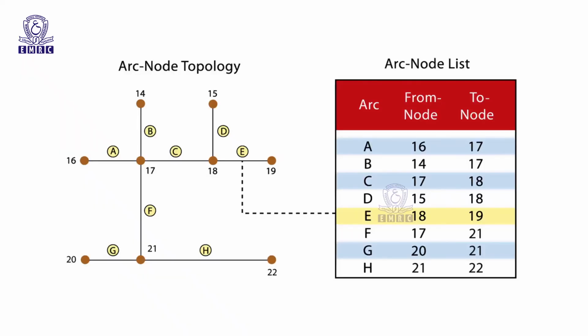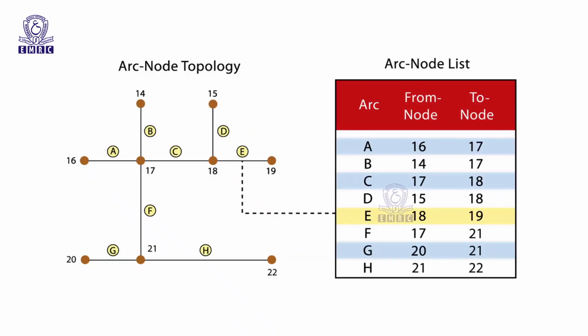In addition, between each node pair is a line segment, sometimes called a link, which has its own identification number and references both its from node and to node. In the figure where the arc node topology is being expressed, arc 1, arc 2 and arc 3 all intersect because they share the node 11.